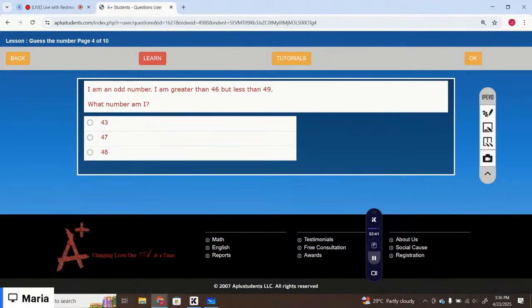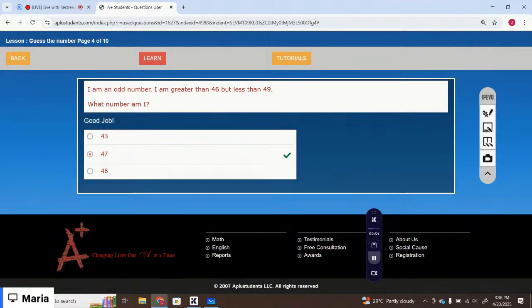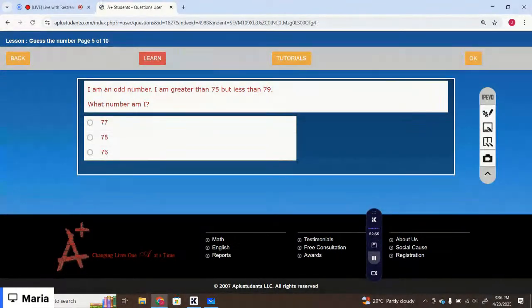I'm an odd number. I'm greater than 46 but less than 49. Very good. The odd number between 46 and 49 is 47. Option 2 is the correct option. I'm an odd number. I'm greater than 75 but less than 79. So which odd number is between 75 and 79?